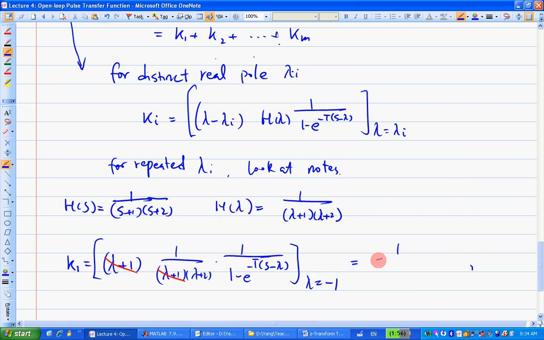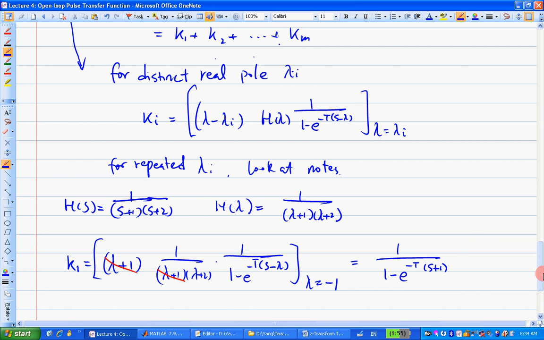So then this is just one chunk here: 1 minus e to the power of negative T(s minus -1), so it becomes s plus 1 here, right? Is that good? Yeah.